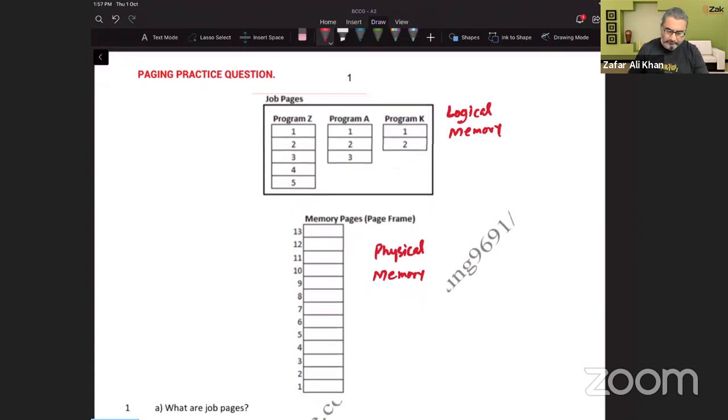Now, what are frames? Frames are fixed size physical memory blocks.